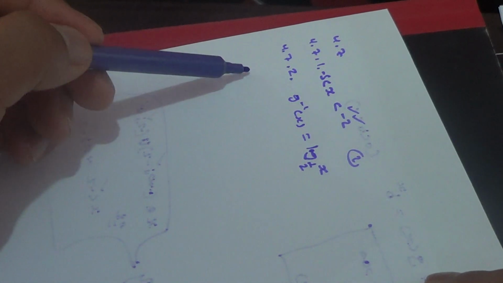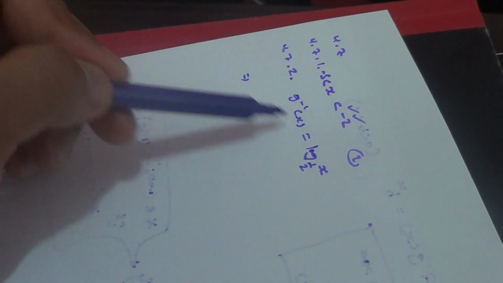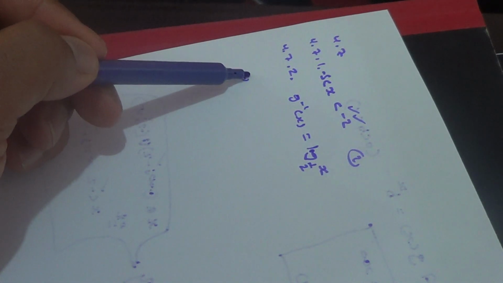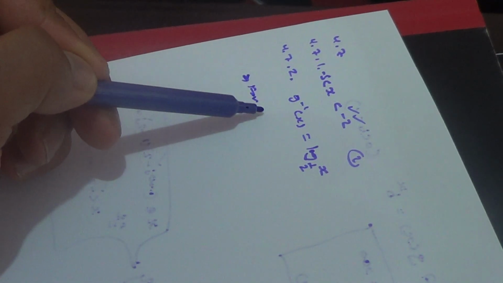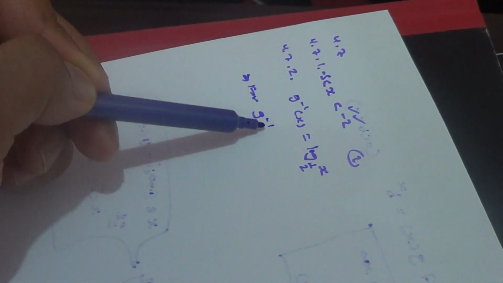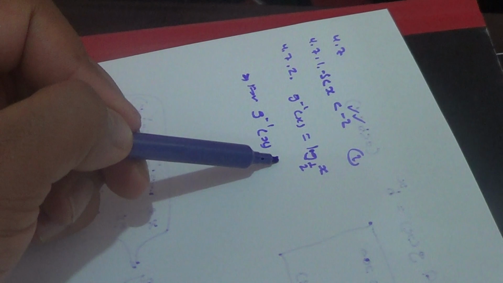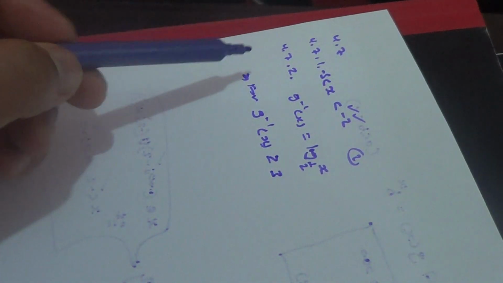Okay, now for this to happen, just read it as the inverse of g being greater than or equal to 3.